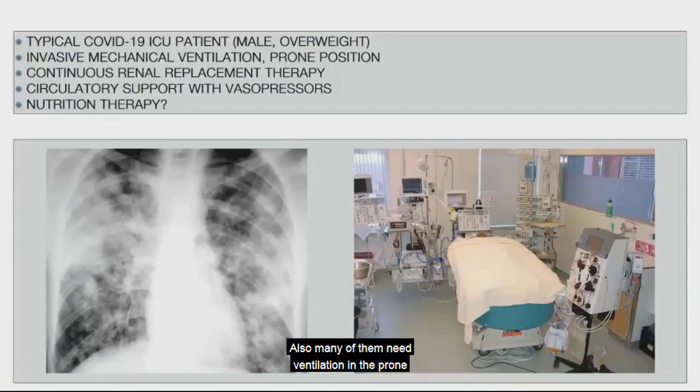Also, many of them need ventilation in the prone position. And about 10 to 15% need continuous renal replacement therapy. In the initial phase of the COVID ICU stay, many patients need circulatory support with vasopressors, so they're really severely ill. And we will address what to do with nutrition therapy in this webinar.